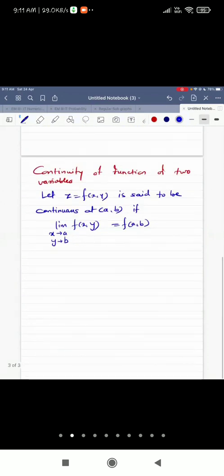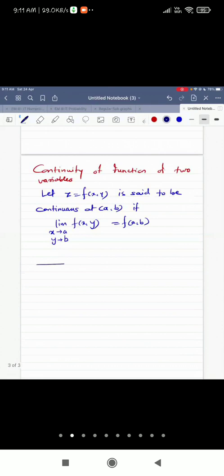Now see students, in case of one variable, if y equal to f(x) is your function and here you have a, the limit of f(x) as x tends to a exists if the left limit and right limit are both the same. Here x tends to a from the negative side, here x tends to a from the positive side.